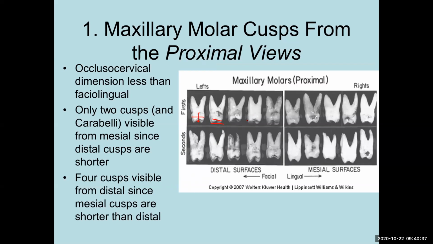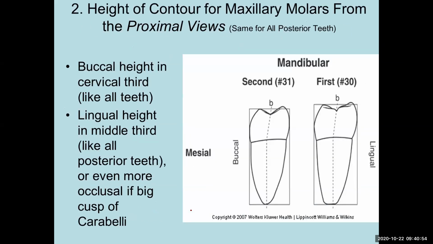So all this is showing you is that the mesial is longer than the distal. And that is a general characteristic. The mesial is usually longer than the distal. Maxillary molars from the proximal view, but the book is showing you the mandibular molars.